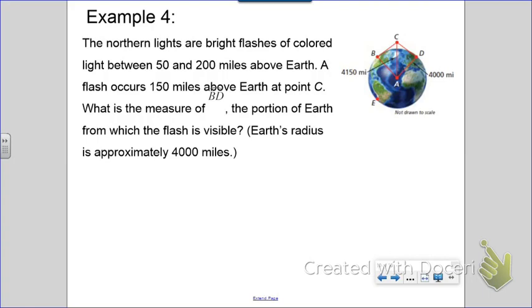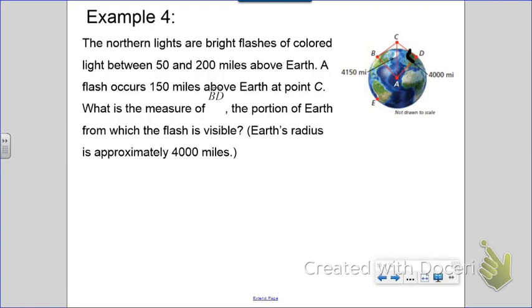So assume that this is tangent to the Earth at point D. From the radius to the other point, we can use the Pythagorean theorem to help us find the measure of the third side, although we probably may not need that other side. We're asked to find the measure of the arc from B to D.